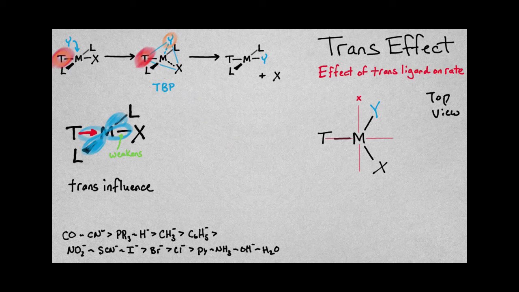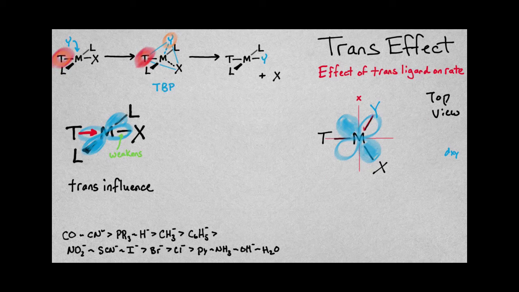Now, I put an XY coordinate system on top of the metal so we can envision where the orbitals are going to be. So here would be, say for instance, the dxy orbital on the metal. Notice in that dxy orbital, we have a significant contribution of the ligand, the incoming ligand Y, donating electron density into that orbital. As it's doing that, it's increasing electron density on the metal.